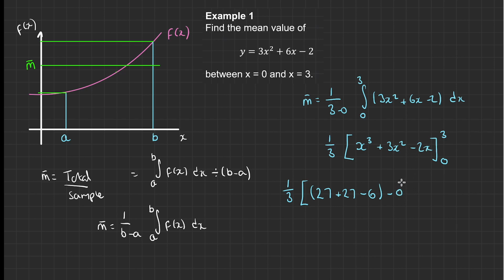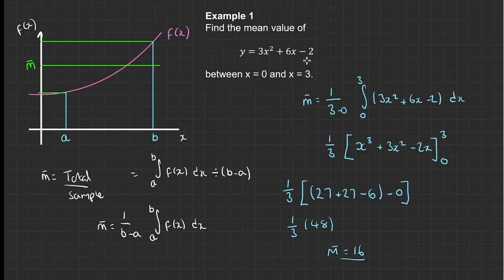So I'll take away the 0. So our bracket becomes 48, and 1/3 of 48 gives us a mean value of 16. So the average y value of this function between x equals 0 and 3 is going to be 16.